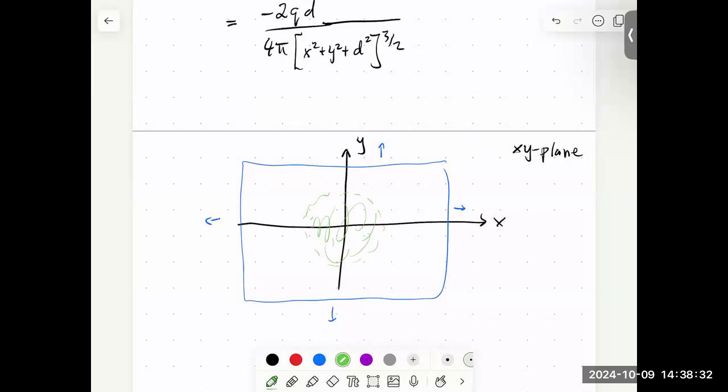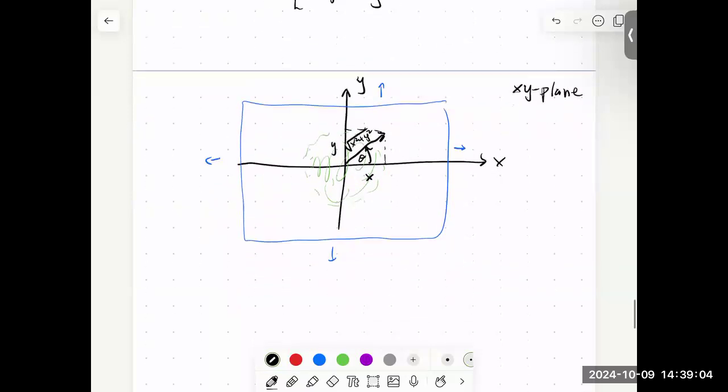Okay, so if I was to go sit out at a point over here, this would be x and this would be y. So this is x squared plus y squared, and here's theta. So what we're going to do is switch to polar coordinates here, and we're going to integrate the charge per unit area over the surface of this plane. And that will tell us the total charge that's induced in the plane.